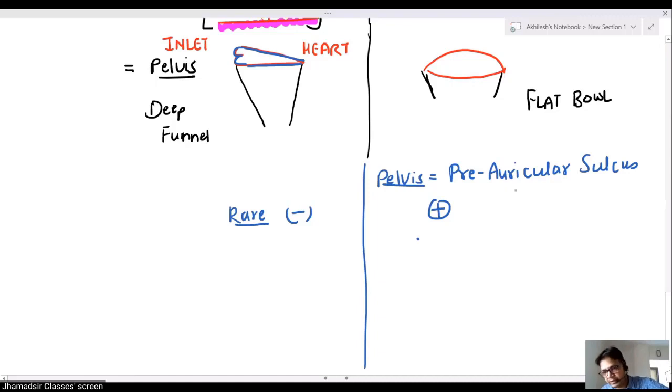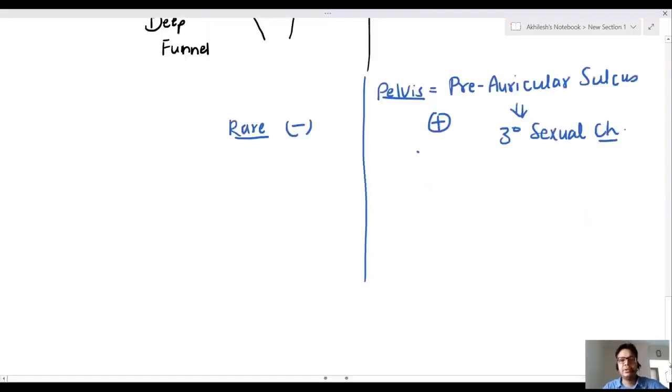Pre-auricular sulcus is also known as tertiary sexual character. So this is the first thing which is prominent in female.